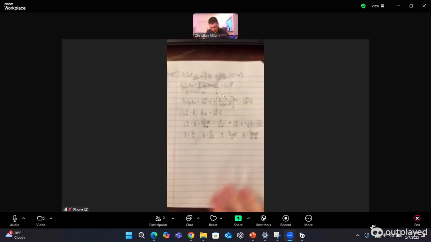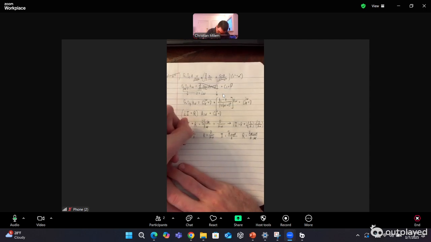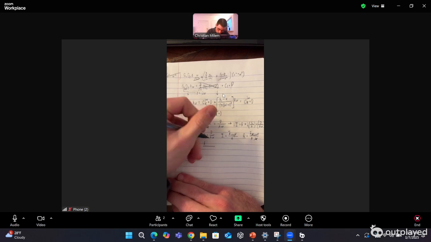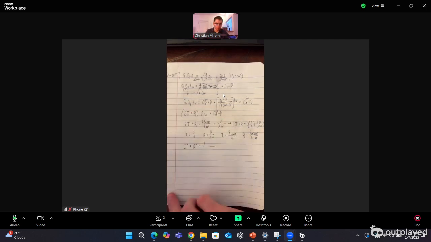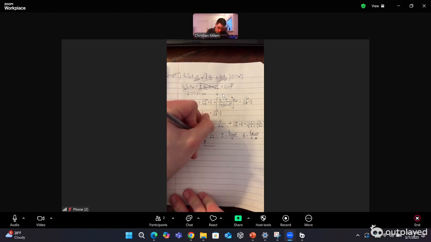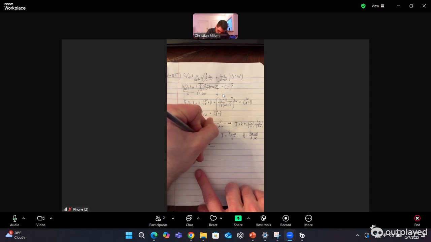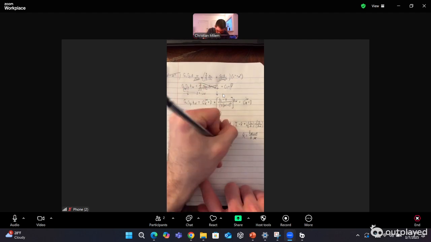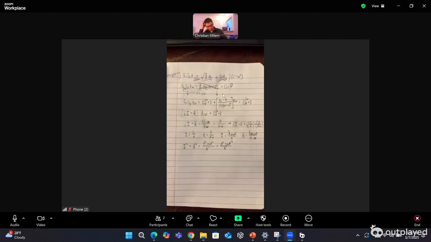Omega cancels out. Okay, so what we can do is say that I squared plus R squared is equal to our expression for I squared, which would be new amplitude squared sine phi squared over original amplitude squared, plus new amplitude squared cosine phi squared over original amplitude squared.